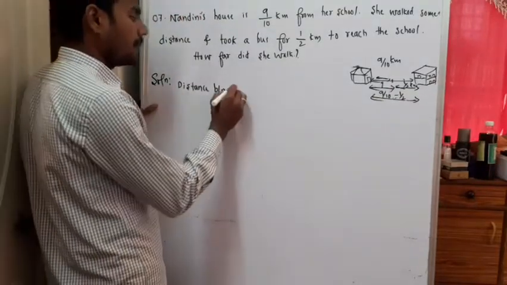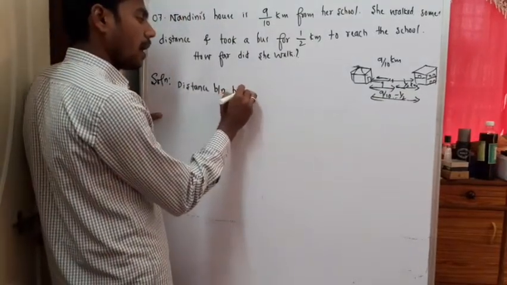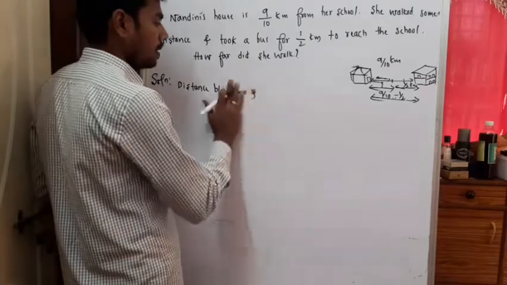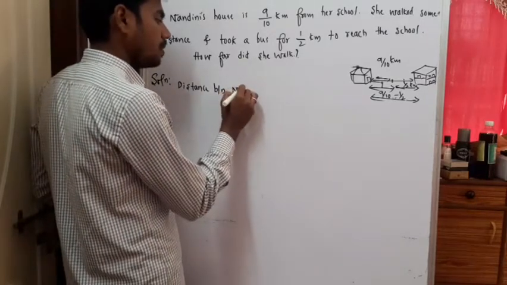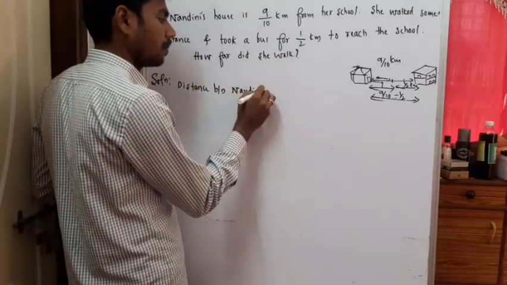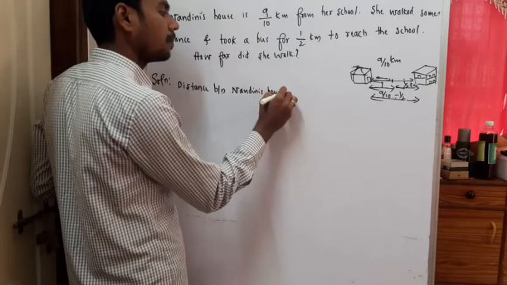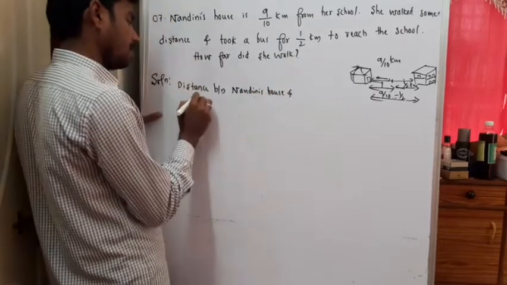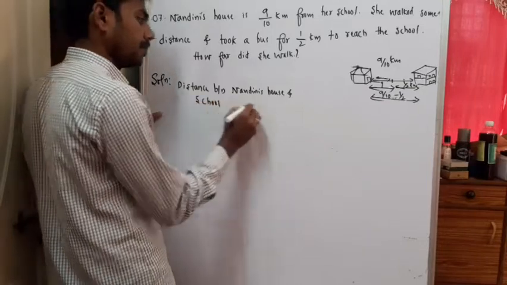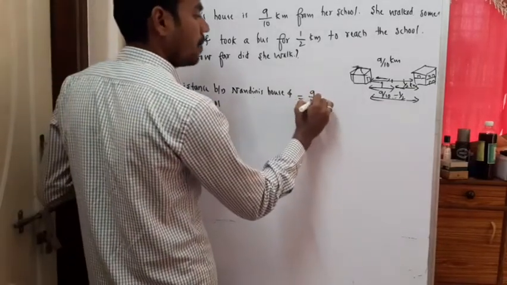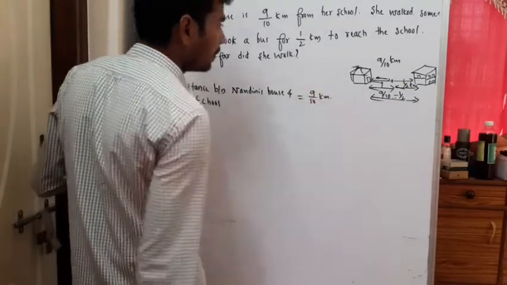The distance between Nandini's house and school is equal to how much? 9 by 10 kilometer. Fine.